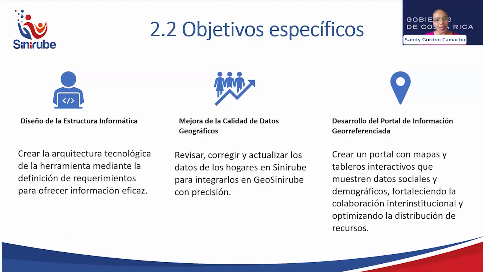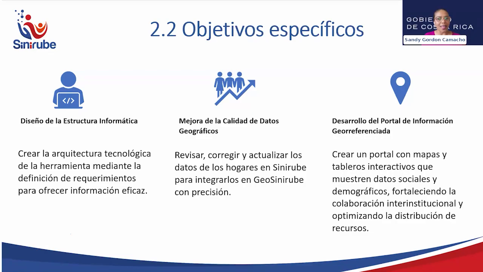And then Joey mentioned that if we do not have quality data, how can we make sure that we're going to have a process for interventions? That's why we worked in parallel with the academic sector to create a proposal to correct the data that are currently in our system. GeoSinuribe is not only a platform where we can find risk management data.